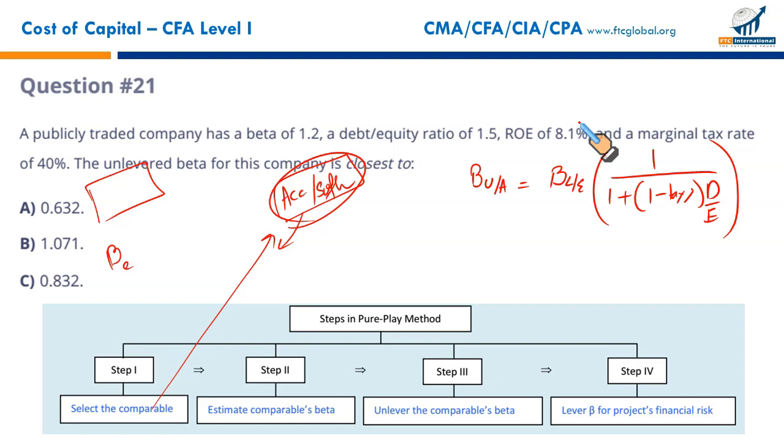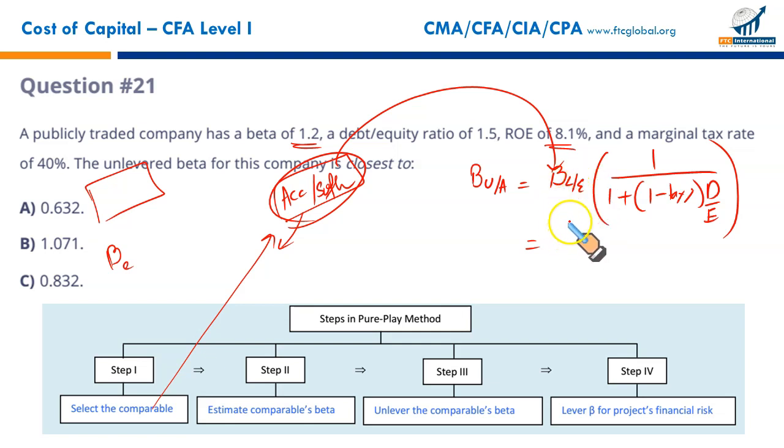So a publicly traded company has a beta of 1.2, debt to equity ratio of 1.5, return on equity 8.1, marginal tax rate 40%. We need to calculate the unlevered beta. Consider this is the levered beta for the software development company. We'll have to convert it into the unlevered one, and then use it for your own specific project for which you want to calculate the cost of capital.